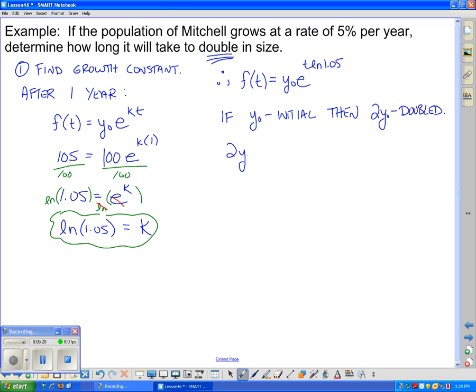So 2y naught equals y naught e to the t ln 1.05. So the y naughts cancel, and we end up with 2 equals e to the exponent t ln 1.05.